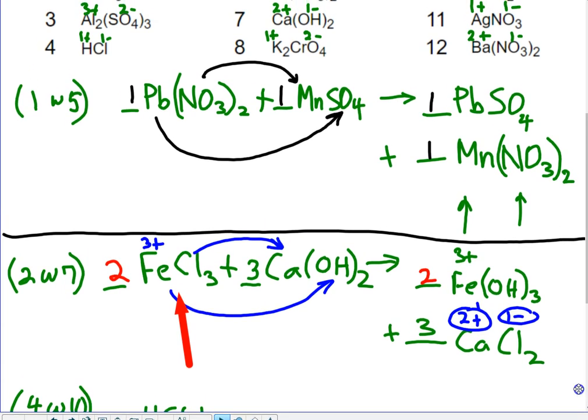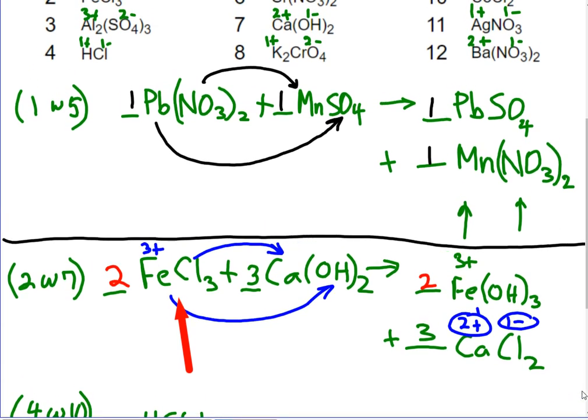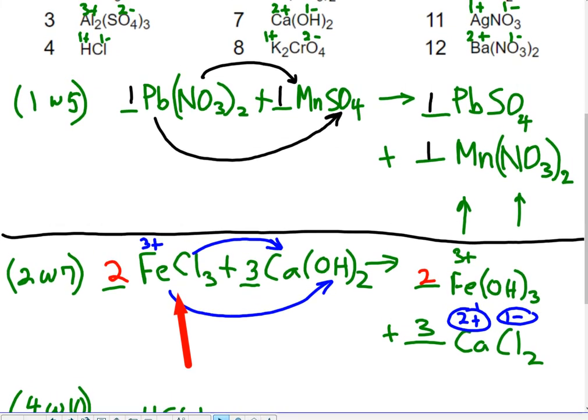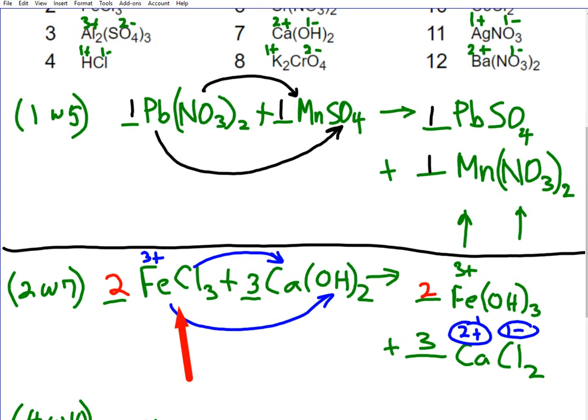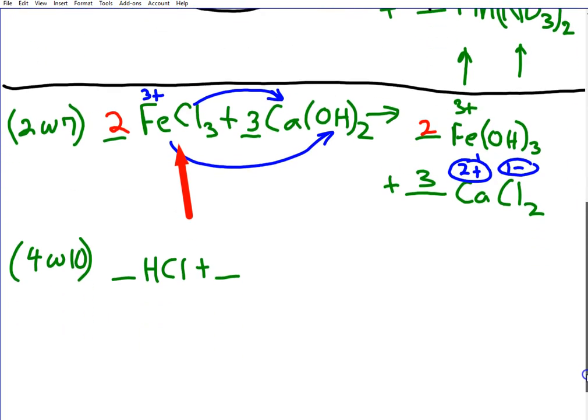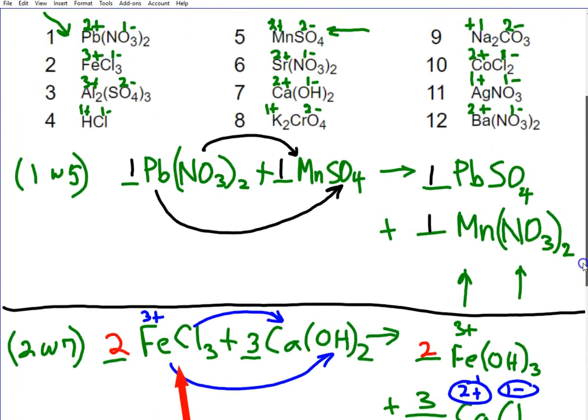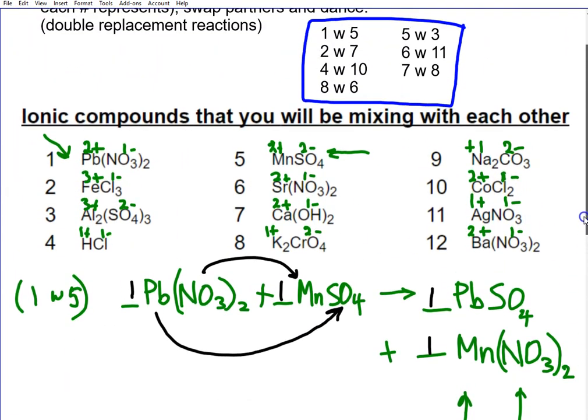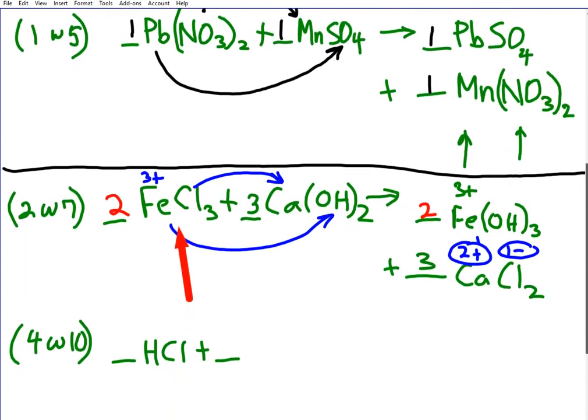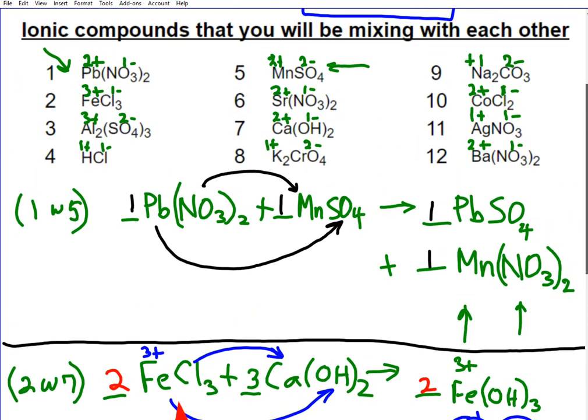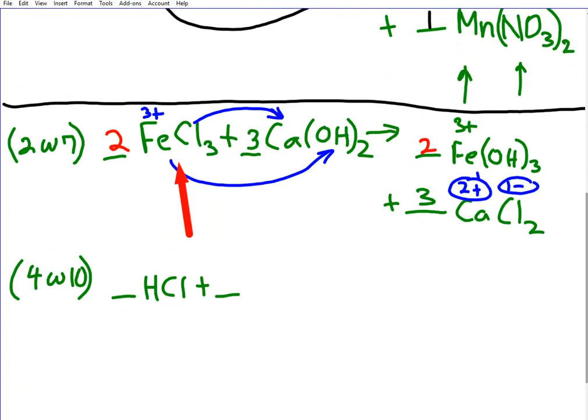Get this back. I made a big mistake moving that. So we're doing 4 with 10. And 10 was cobalt chloride. Actually, cobalt 2 chloride.